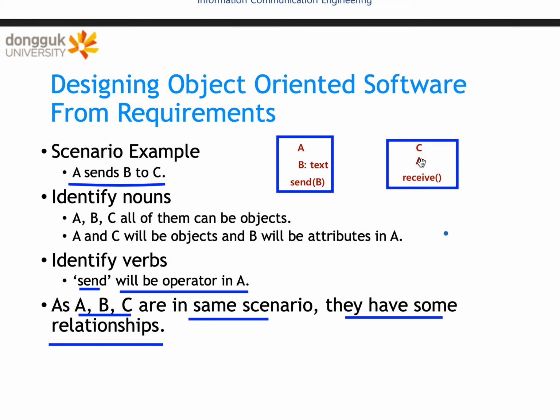It is up to you. But anyway, if you find this scenario, you may think there are three classes, A, B, and C. But B is sent, since A sends B to C, so B will be a kind of attribute or variable, and send will be a method of A, because class A will send B to C. So you can create one class design from one document.